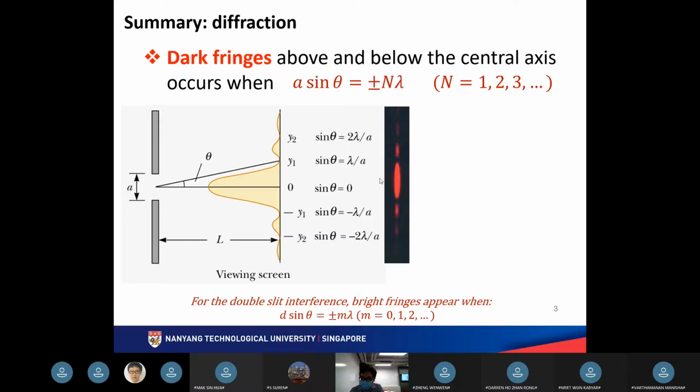The dark fringe of the diffraction pattern is given by this formula: a sin theta equals an integer times lambda. Here are important things I need to highlight. It is very similar to the Young's double slit interference formula, but I have three important points highlighted for you.